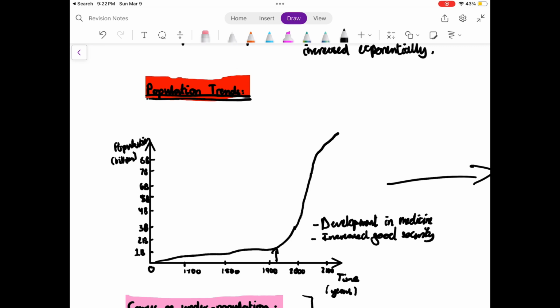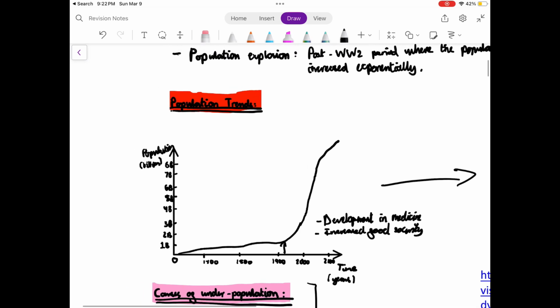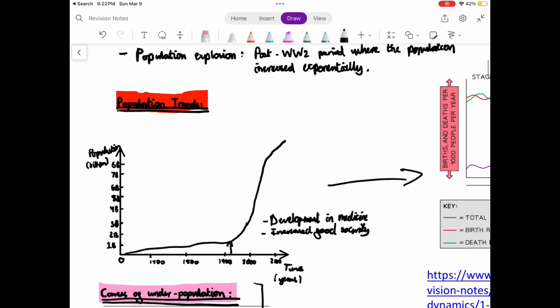This means that people were less likely to obtain diseases from insecure foods such as salmonella, etc. So those are the main two reasons why the population increased exponentially in the 20th century.